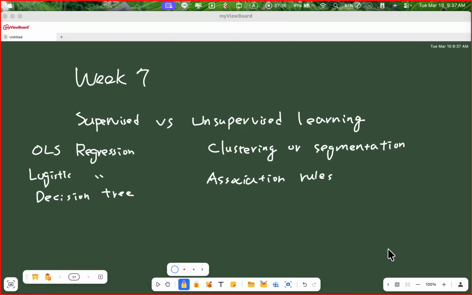But if you only have features, but don't have any label or any target variable, you don't have any target variable or dependent variable in your data set, you try to do the segmentation. Do you know what segmentation is?